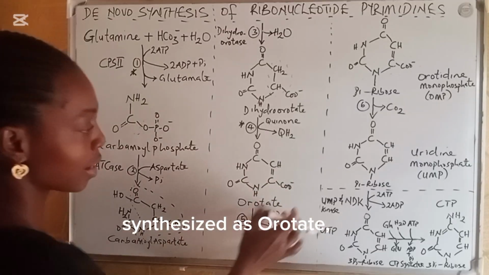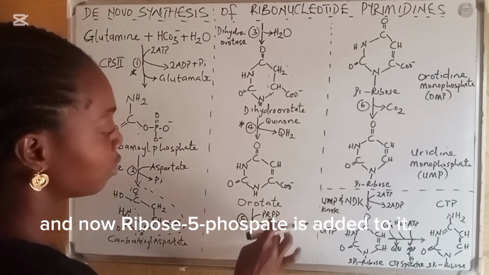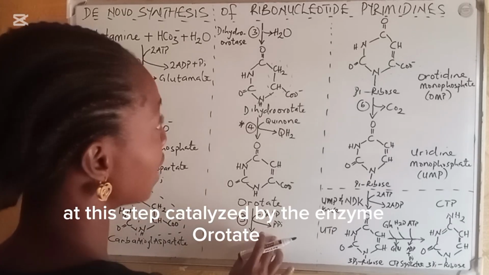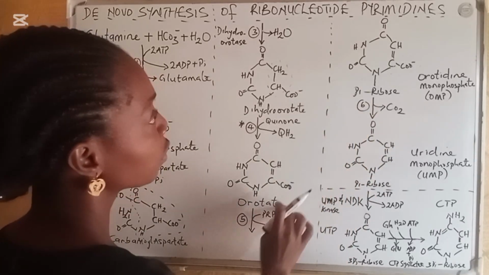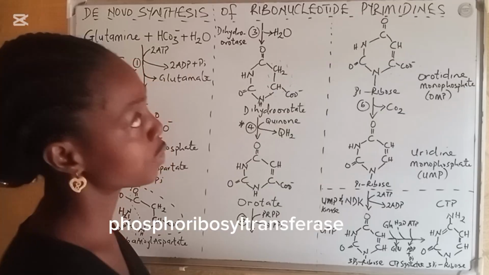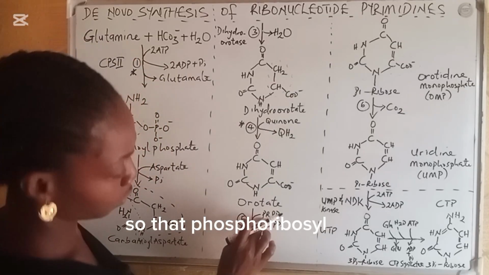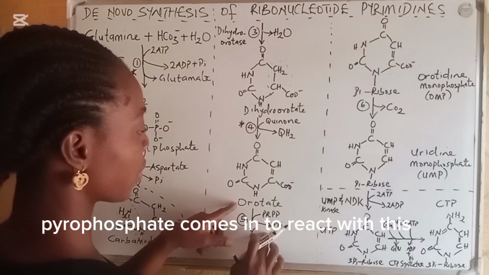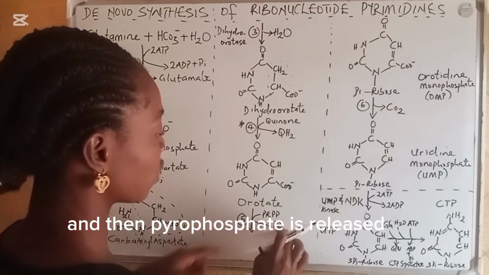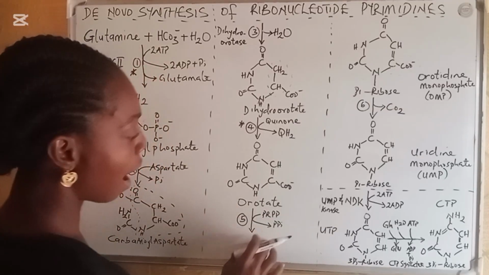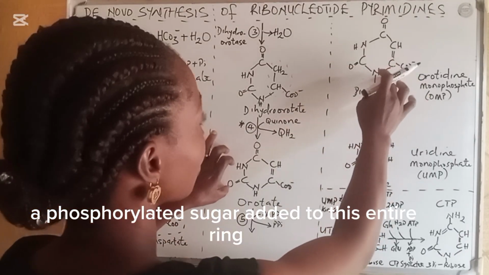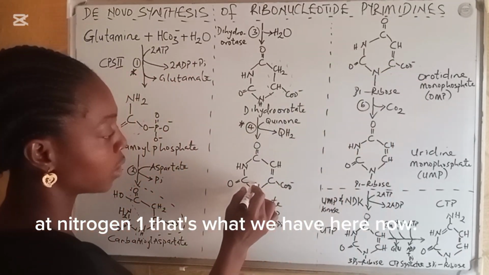It's been synthesized as orotate, and now phosphoribosyl pyrophosphate is added to it at this step, catalyzed by the enzyme orotate phosphoribosyltransferase, so that phosphoribosyl pyrophosphate comes in to react with this, and then pyrophosphate is released. So what we have here is a phosphorylated sugar added to this entire ring at nitrogen 1.